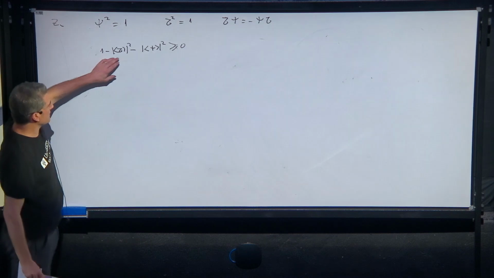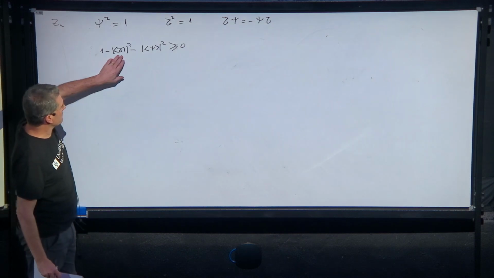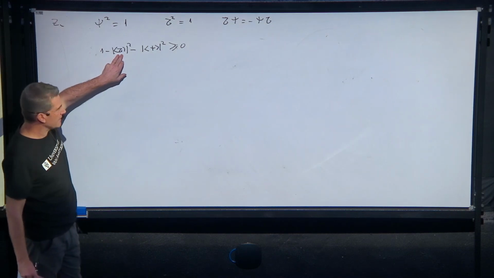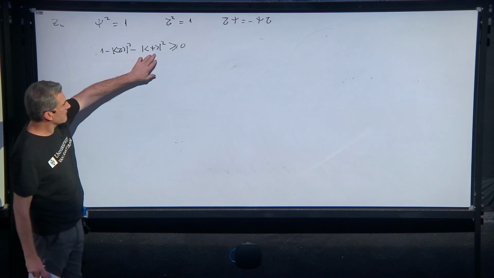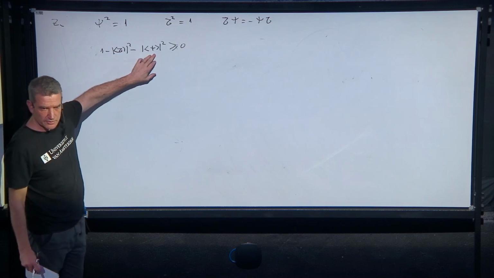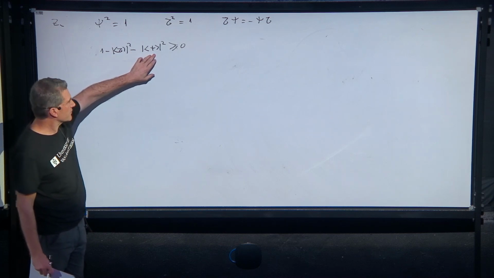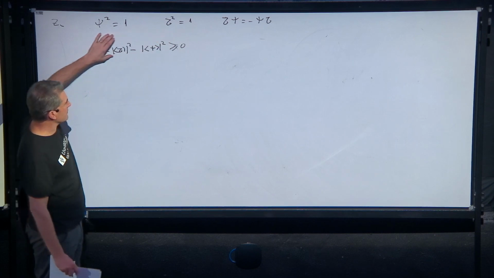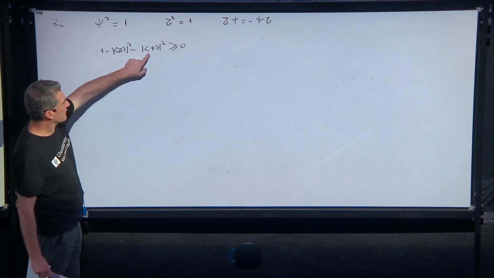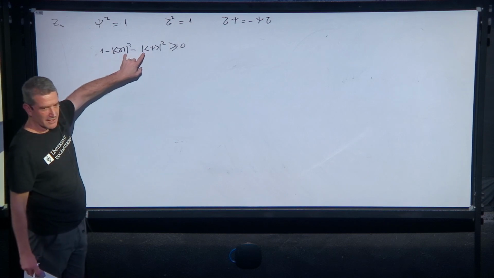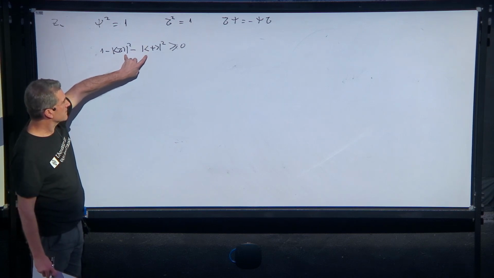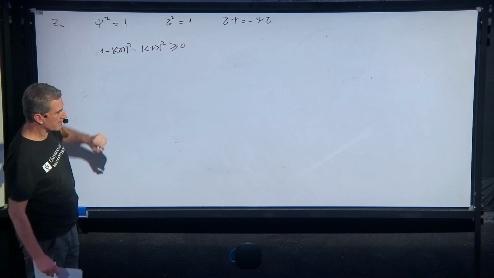So this tells you that if the expectation value of tau goes to 1, then the expectation value of phi must go to 0, a typical uncertainty relation. But this does not prohibit that the two expectation values are both very small. This doesn't tell you anything about that.